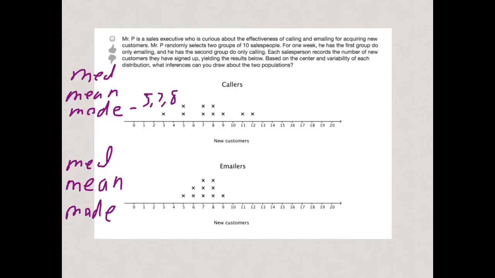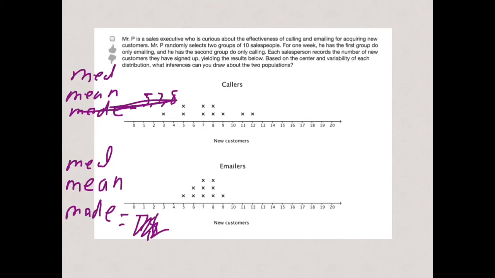That doesn't really help me for this one, so no. Right here, 7 and 8. Again, doesn't really help me. Could I say most of the employees acquired 5, 7, and 8 new customers? Yeah, but could I say which one works better? Could I make an inference about it's better to have people calling or emailing?